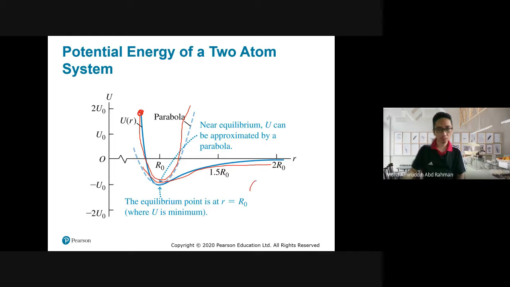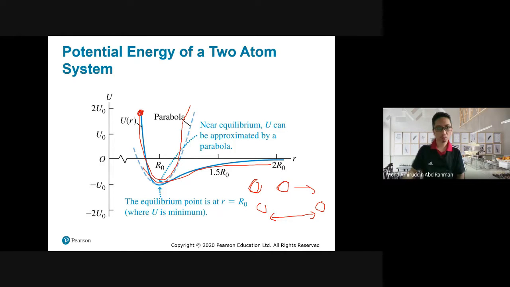For example, this is the initial condition over here at R0, and then this atom moves further, let's say to that location. So the potential energy between the two atoms is defined by this curve.